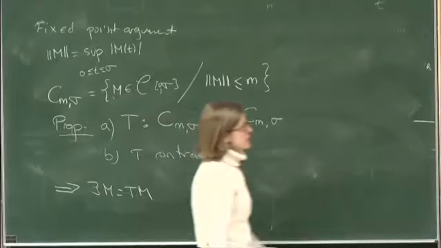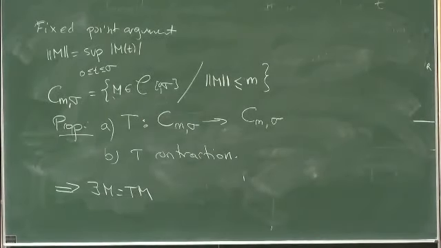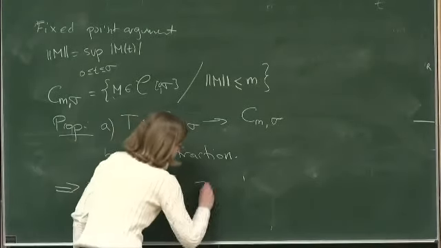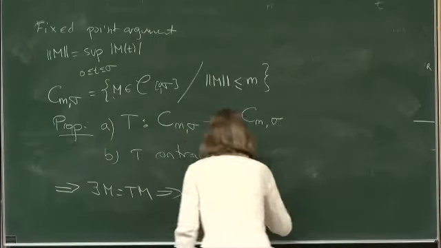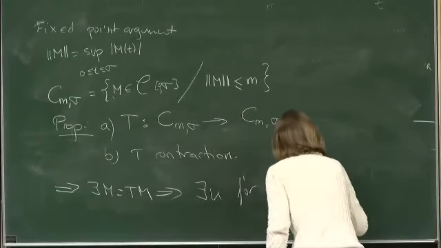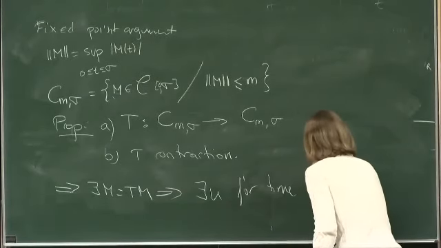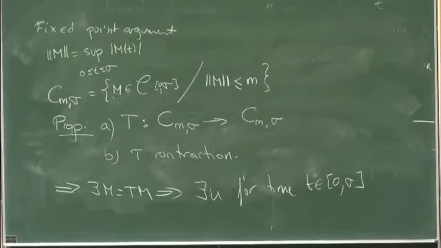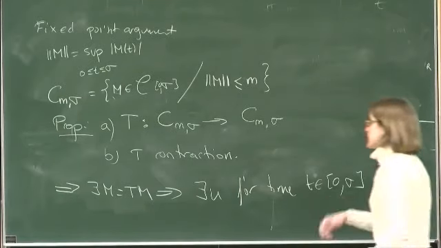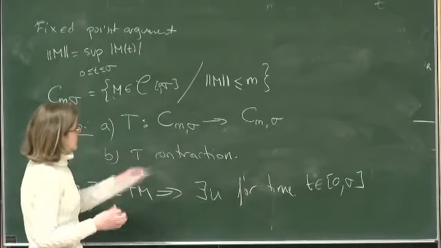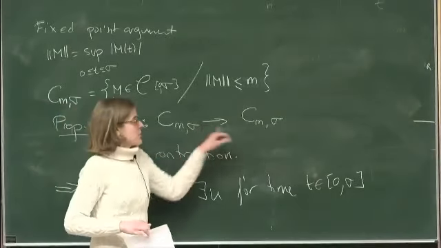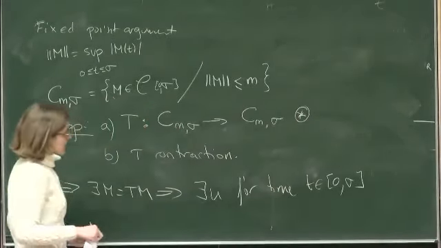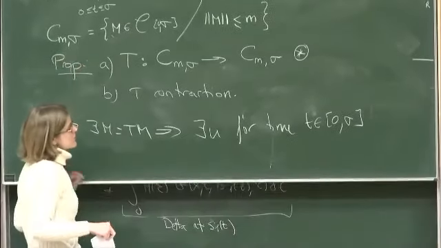So this m is a solution of this equation, and once you have your m, you can put it back in the equation, and there exists u for time t between 0 and sigma. So short time existence will follow automatically. Then for long time we have to do uniform estimates, but let's do it later. Let me just give you a quick idea of why this formula is true, and what the risk is, I mean, what can go wrong for long-time existence.